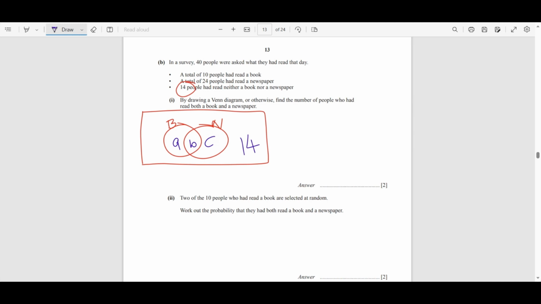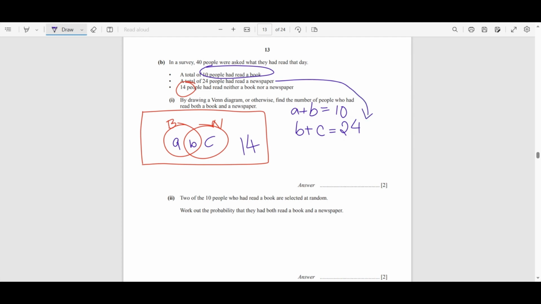So for the book, all the people that have read the book is A plus B. This is going to be 10, because it says 10 people have read the book. So A plus B is the total number of people who have read the book, which is 10. And B plus C are the total number of people who have read the newspaper, which is 24, according to this statement.